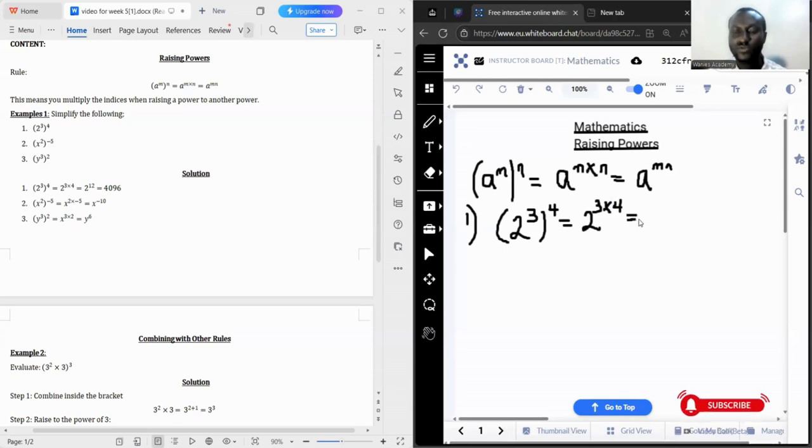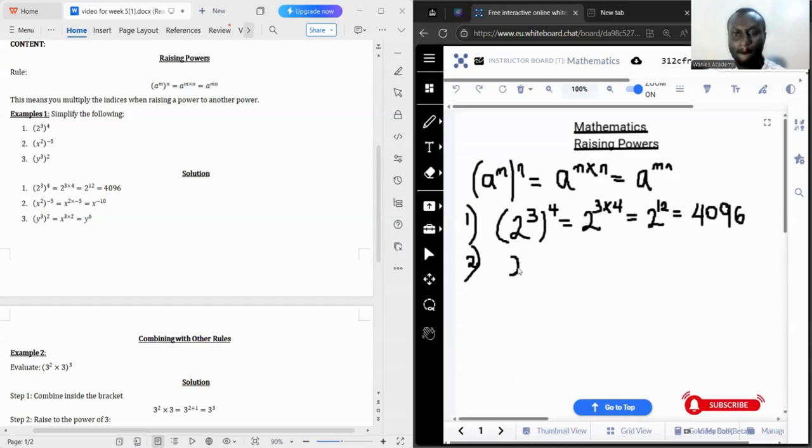This is equal to 2 raised to power 12. 2 raised to power 12, we can evaluate it as 4,096.